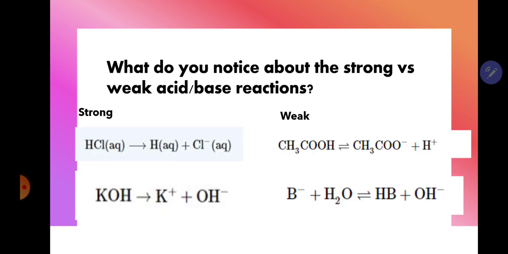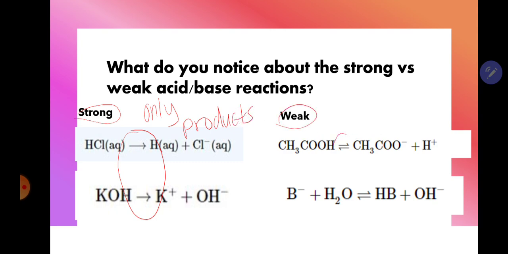So even our reactions and how we write them is different. In our strong acids and bases, we see this forward arrow indicating that these products on the right are the only products. Versus on the weak side, we have a double-headed arrow, which says that these are products, but sometimes the reaction goes backwards and we get these as products.